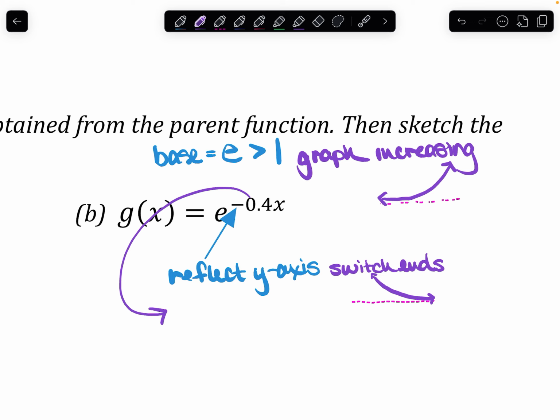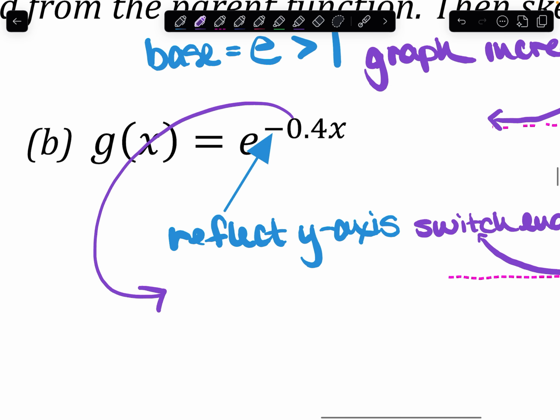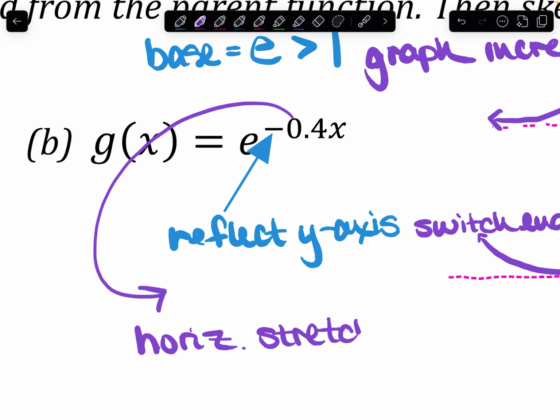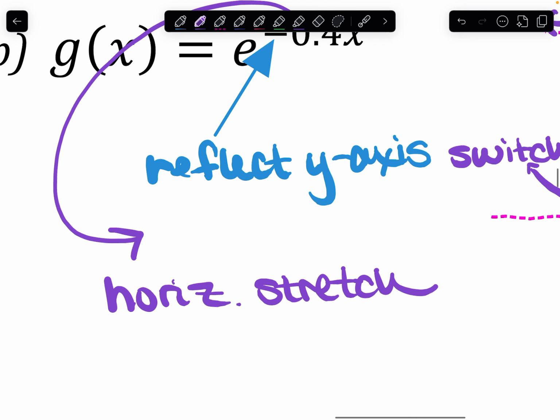So if it's a, that's your vertical stretch or compression, and when it's bigger than 1, it's a stretch, and when it's between 0 and 1, it's a compression. But for this one, it's opposite. So this is your horizontal. When it's between 0 and 1, it is a stretch. So it's going to be a horizontal stretch because that factor on your exponent is 0.4.